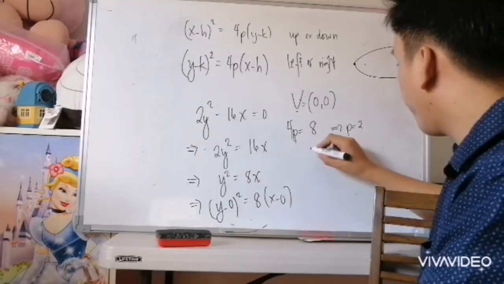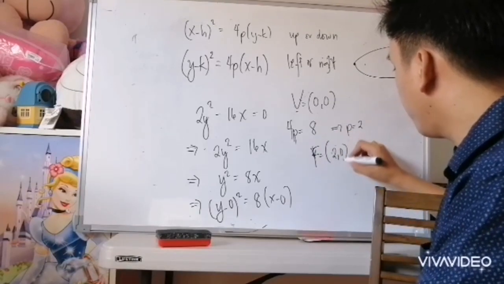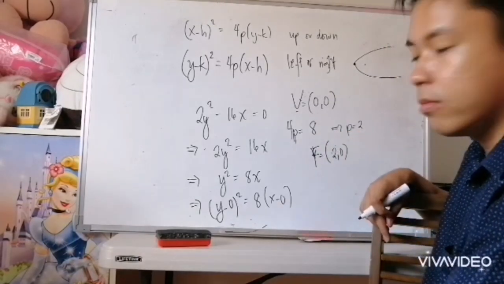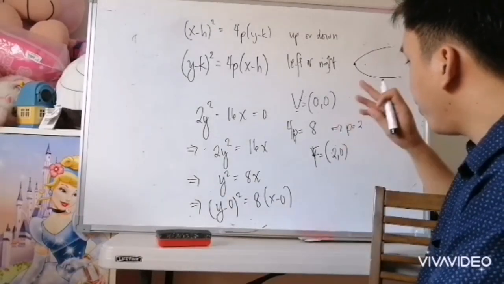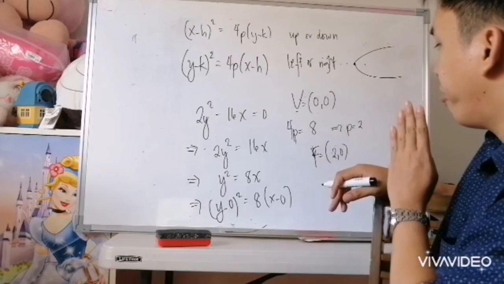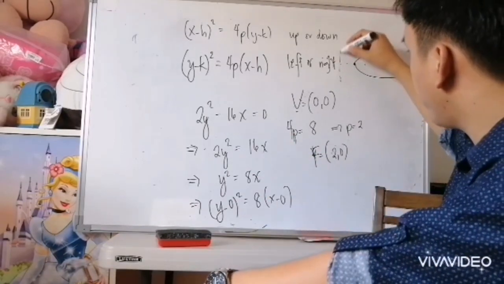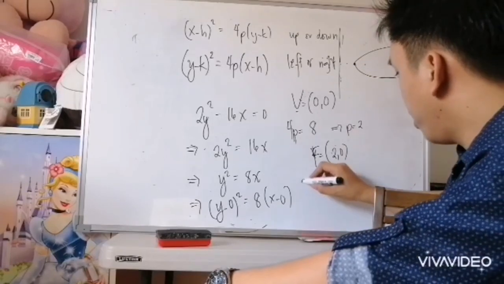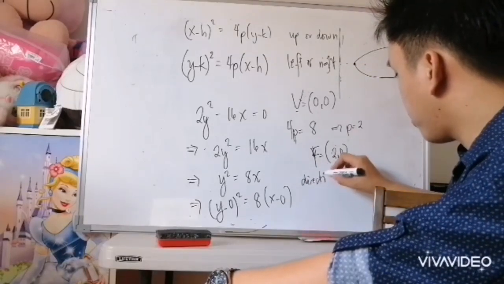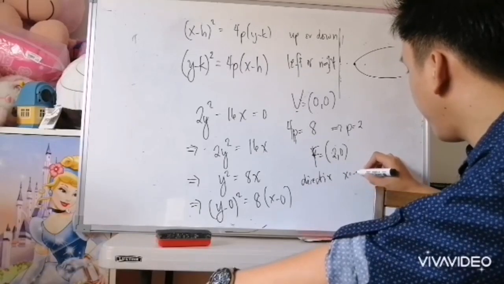So your focus is 2, 0. And of course, your directrix is 2 units away to the left of your vertex. So somewhere here is your directrix. Therefore, the equation of your directrix is x equals negative 2.